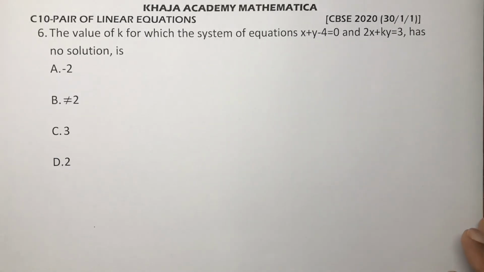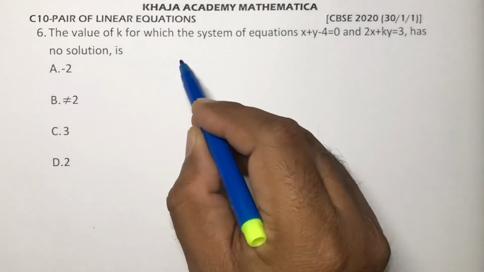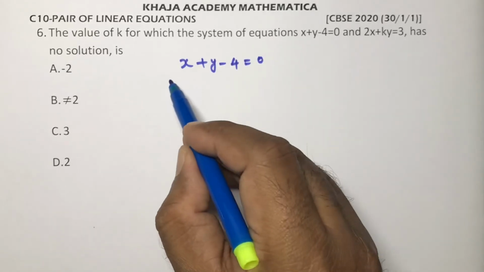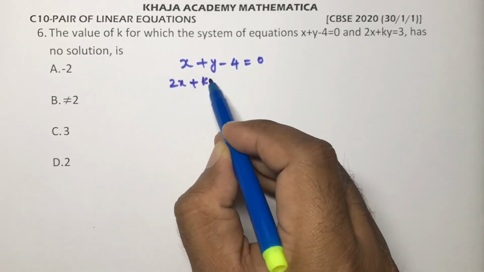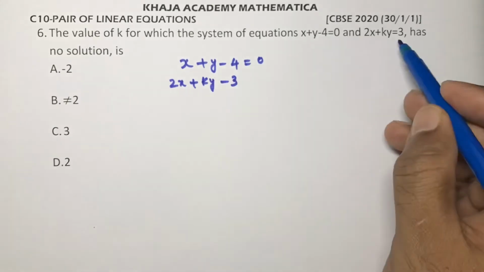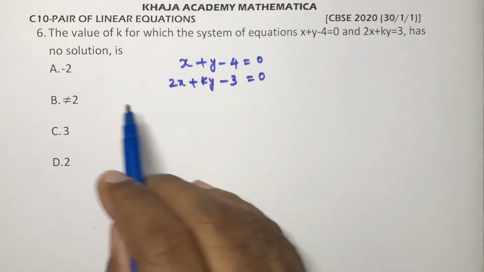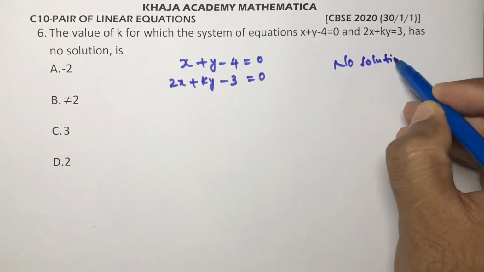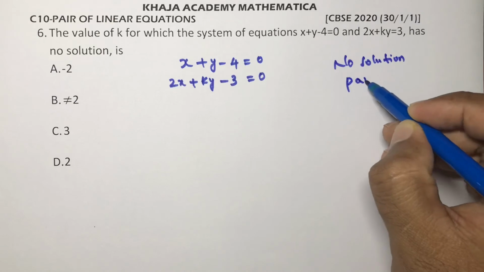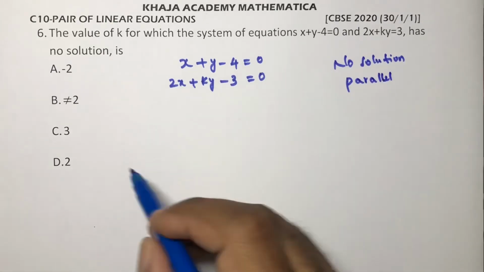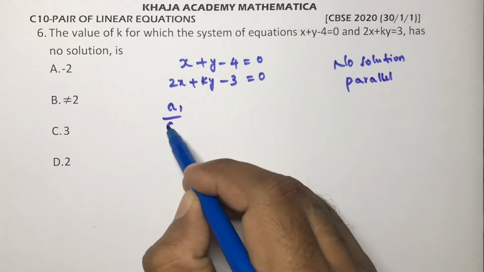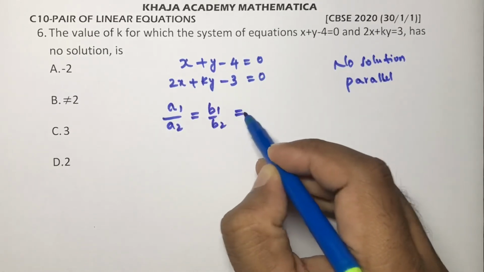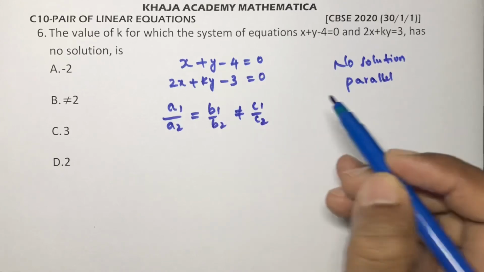The value of k for which the system of equations x plus y minus 4 equals 0, 2x plus ky minus 3 equals 0 has no solution. No solution means the lines are parallel. The condition for parallel lines is a1 by a2 equals b1 by b2, and it is not equal to c1 by c2.